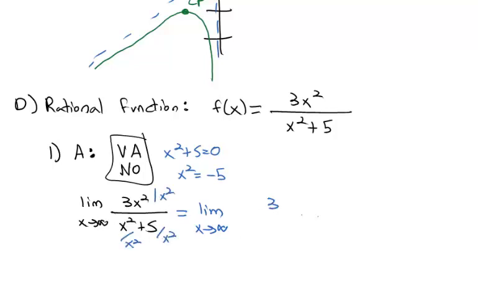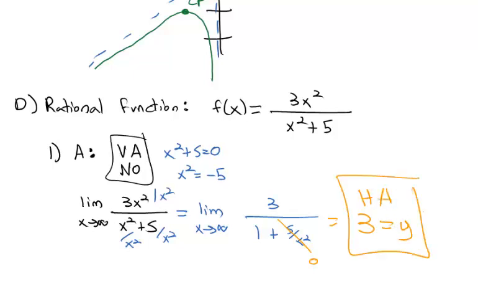We get 3 over 1 plus 5 over x squared. Which is nice because the 5 over x squared goes to 0, and we're left with 3 over 1, or just 3. y equals 3 is our horizontal asymptote.